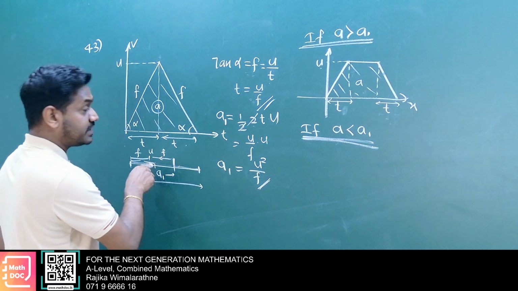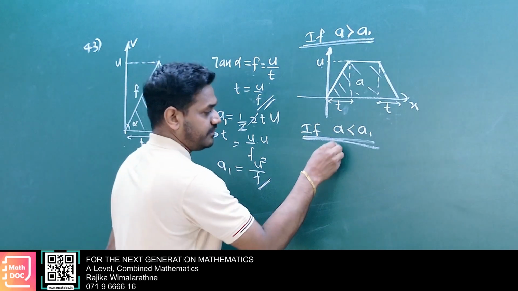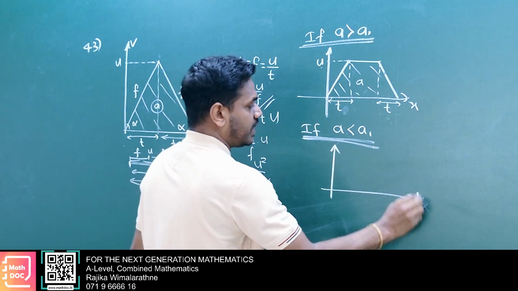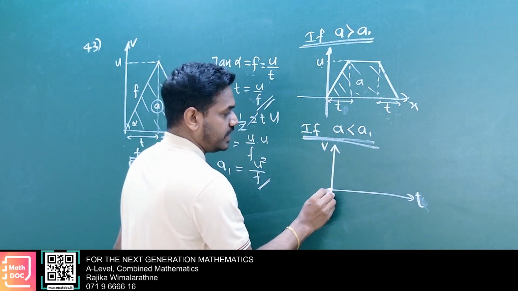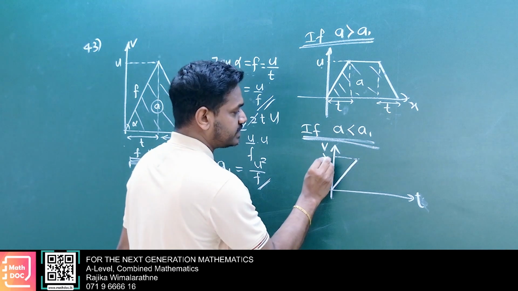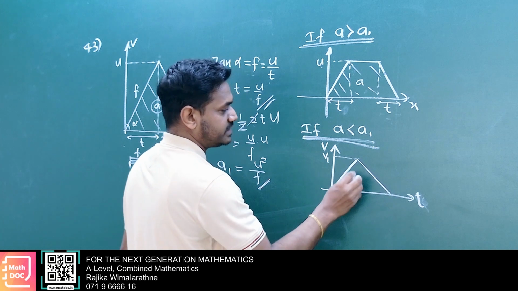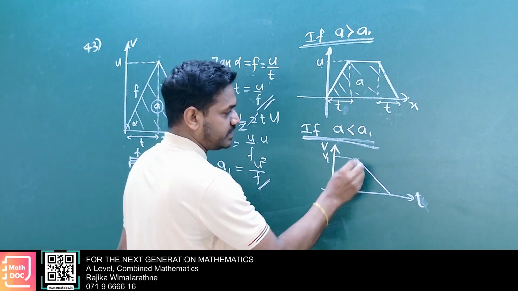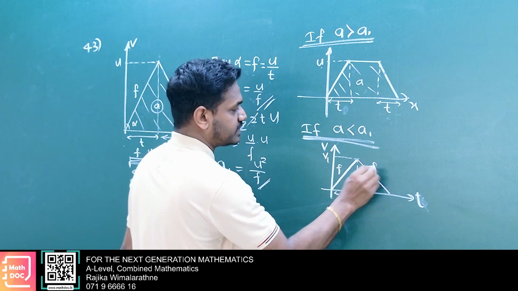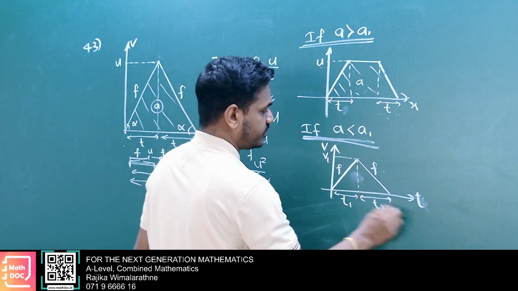In that case, it can't reach u. So for a less than a1, the v-t graph is this. Here time, here velocity, maximum acceleration, it can't reach velocity u, it is just say v1 and then retarded, but the displacement you can find, no? Here acceleration f, here time t1, time t2.